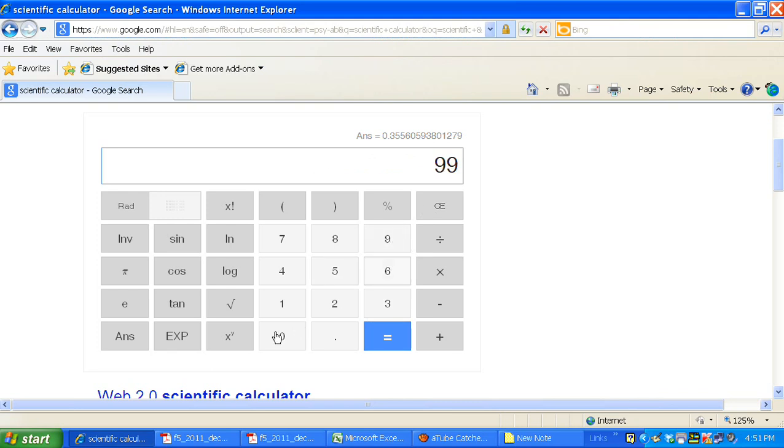So we have 99 raised to that power, then multiply by 0.5.